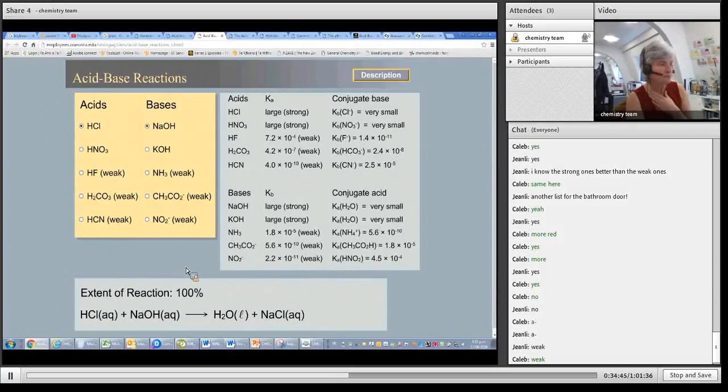Okay, so this is therefore the Ka. Ka would be the equilibrium constant when I write the equation as an acid. Kb is the equilibrium constant when I write the equation as a base.